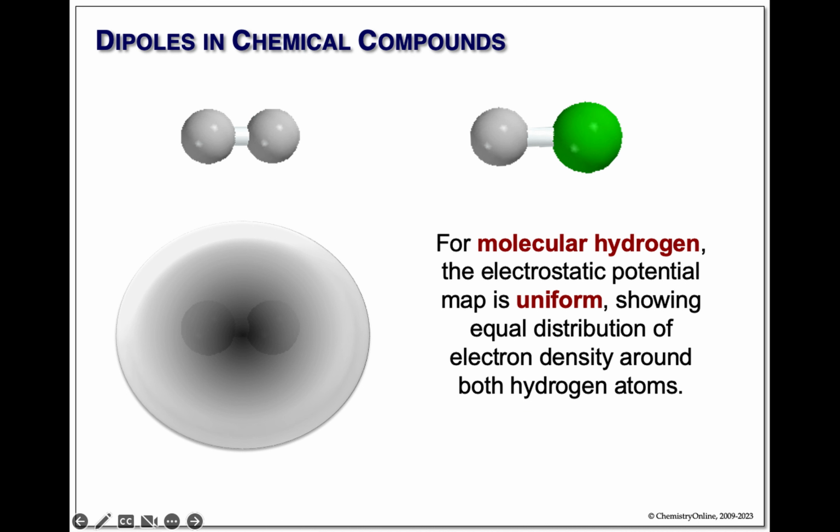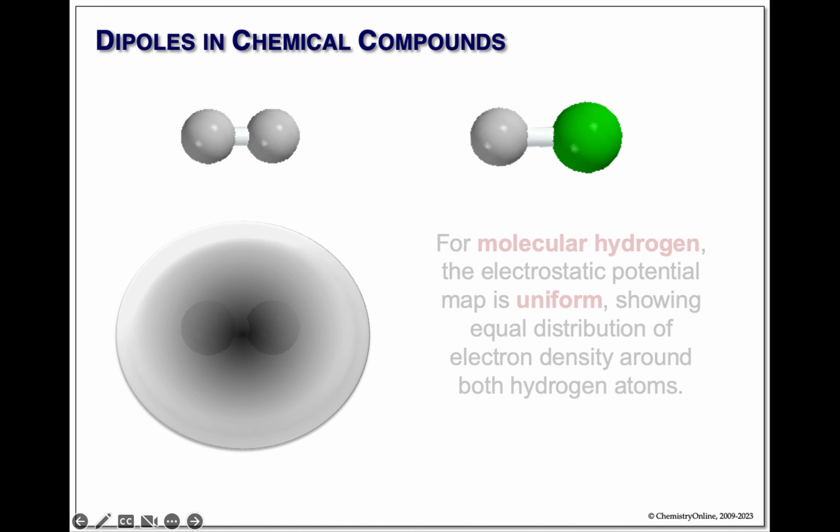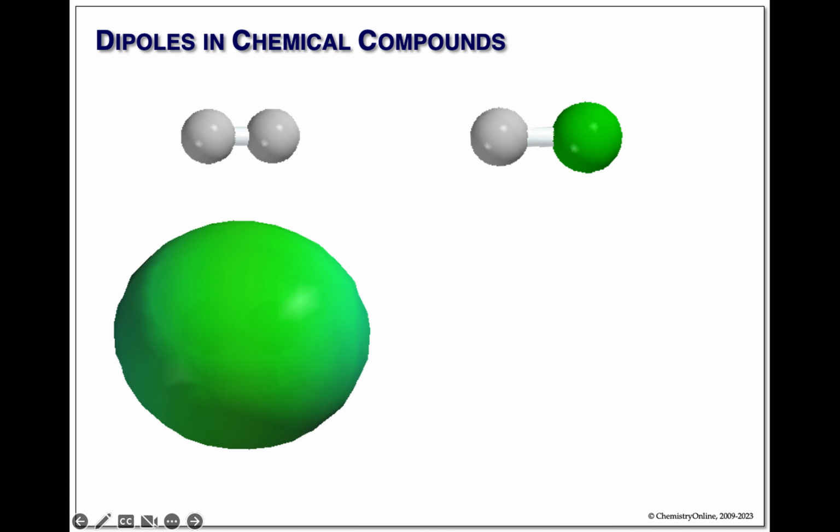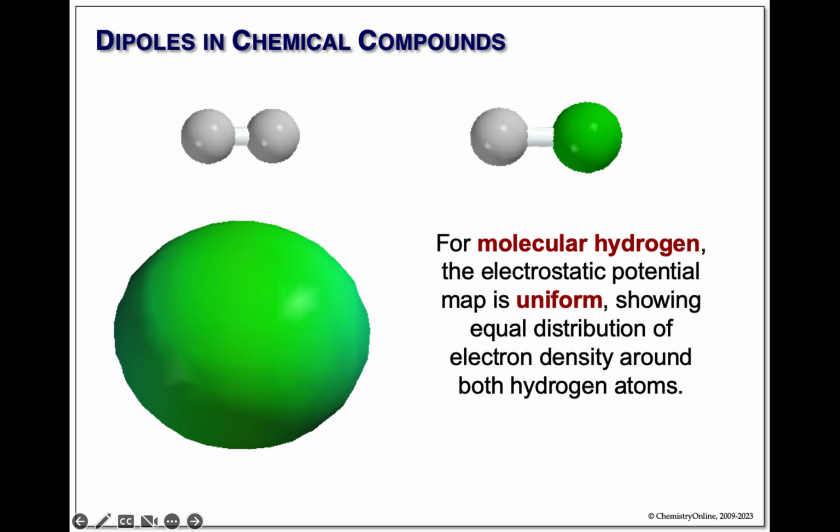Once you have that, you use a color code. If there is electron deficiency, you color it blue. If there are excess electrons anywhere, you color it red. And there's a spectrum in between. So, for hydrogen, we do our coloration, and we wind up with something that looks like lime.